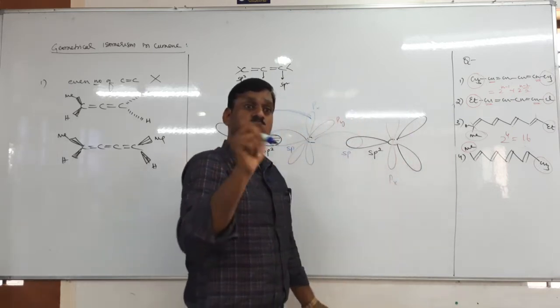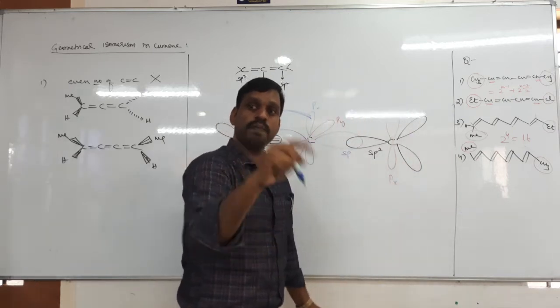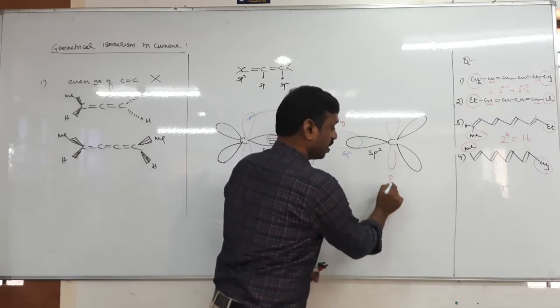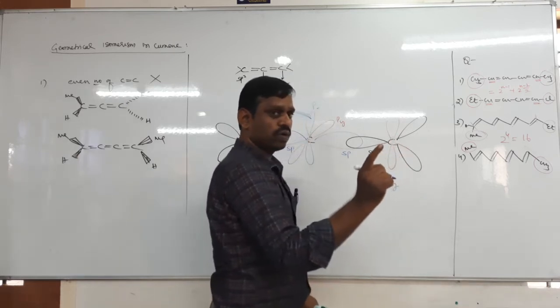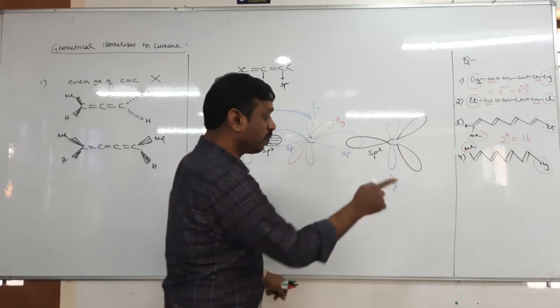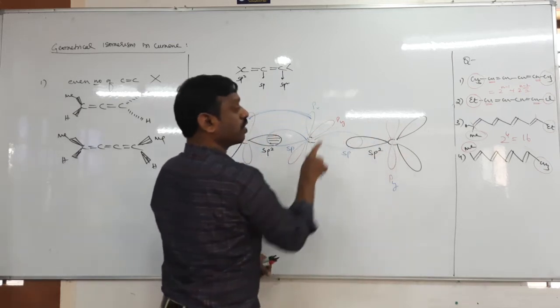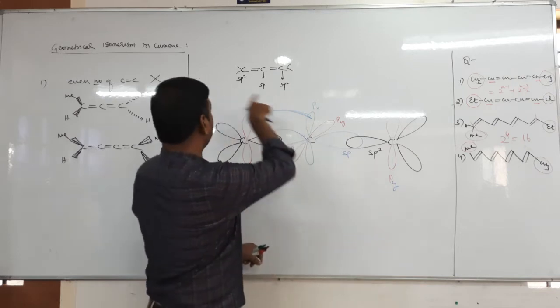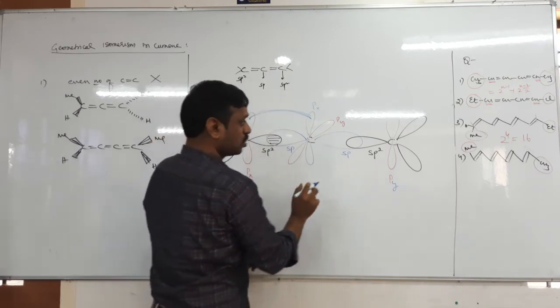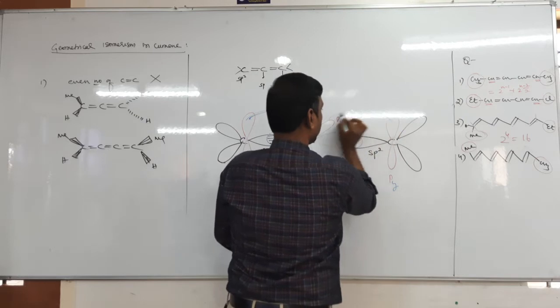That unhybrid p orbital may be px, it may be py. Here we should take py. You can take px or py. Here py comes. Why? If there is a py, then only this py can overlap. Otherwise this bond is not formed. That's what this py overlaps with py.